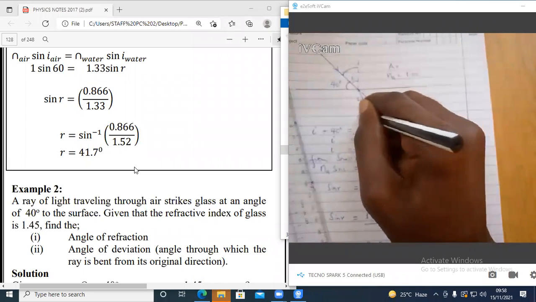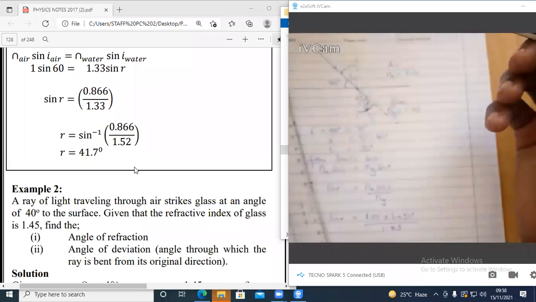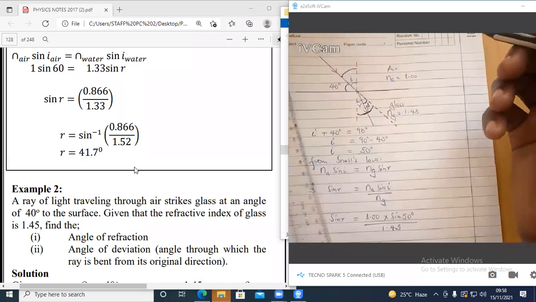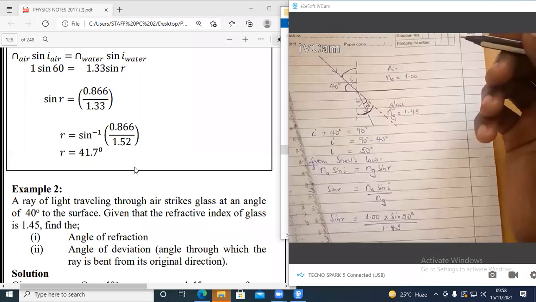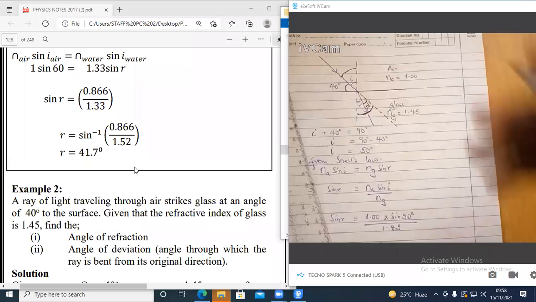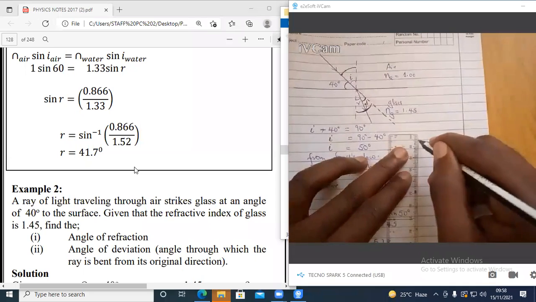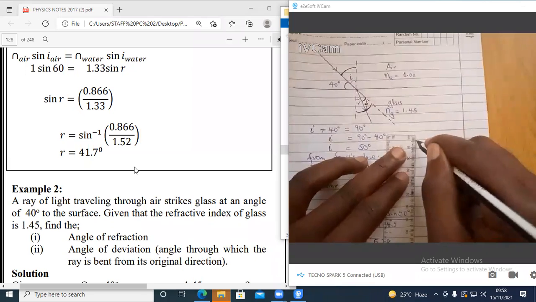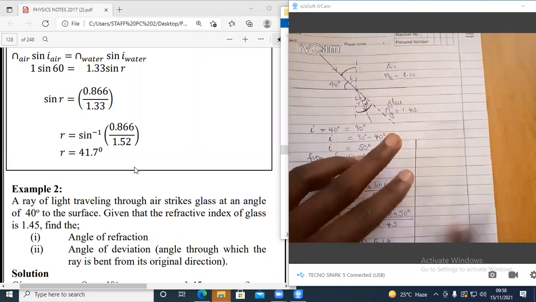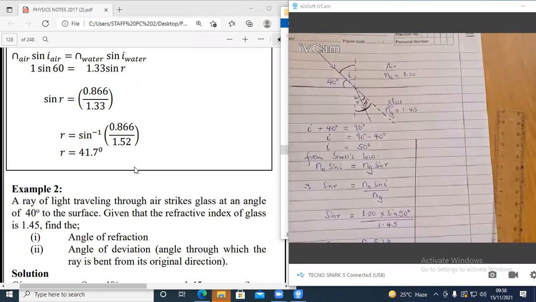They are vertically opposite angles, no sir? Alternate interior? Is it opposite or alternating? Members, is it opposite or alternating? Opposite.